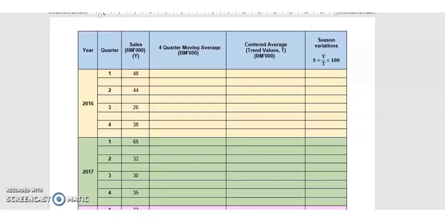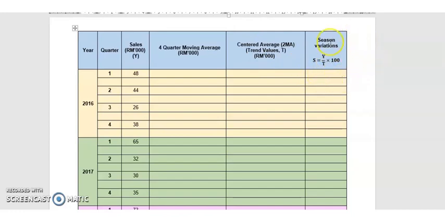The first column is for year, the second column for quarter, the third column for the actual data, which is the sales, and then the 4 quarter moving average. Why 4 quarter moving average? Because we have 4 quarters. And then the centered average will be the trend value. The centered average here will be the 2 moving average. And then the last column is for seasonal variations.